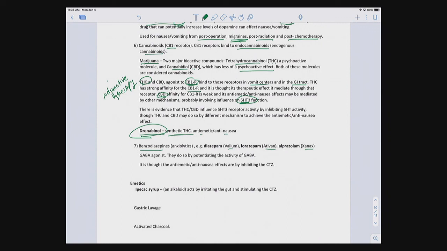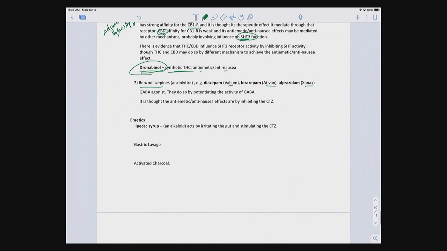It may be because of its anxiolytic activity, but again, the nausea and vomiting can be an emotional thing, and we saw earlier, someone going in for chemotherapy can become nauseated and start to vomit just by being in the same room where they get the chemotherapy. Again, classic Pavlovian conditioning here. So in that regard, some of these anxiolytics can actually be helpful in tapping down that anticipatory nausea and vomiting associated with chemotherapy.